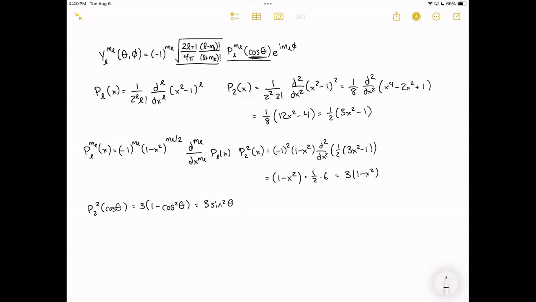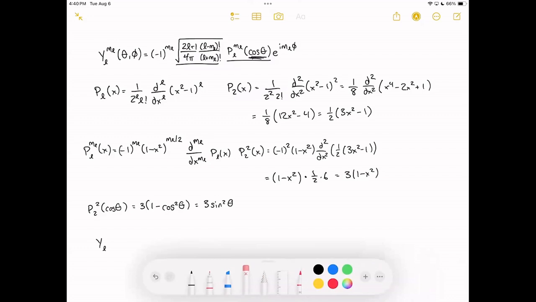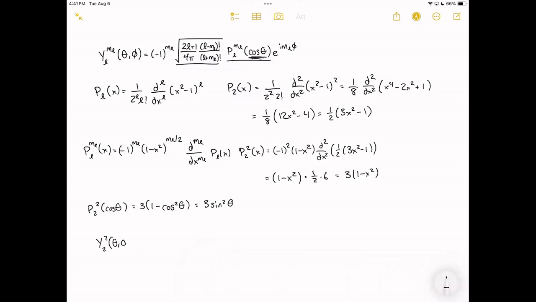So plugging in your various L's and m sub L's in here. And what that's going to get us for our function using 2 and 2 is simply minus 1 squared times the square root of 5 over 4 pi times 0 factorial over 4 factorial. Our polynomial here is 3.